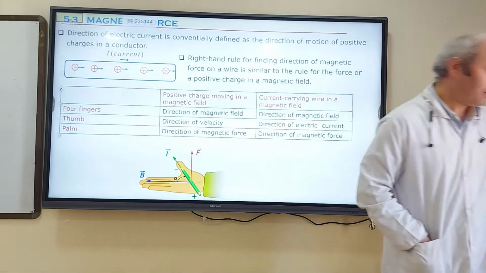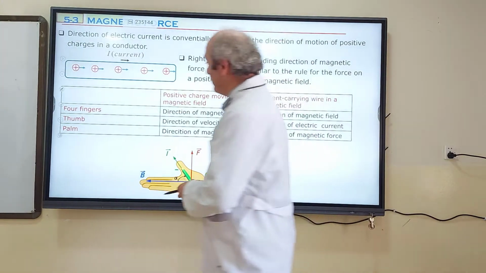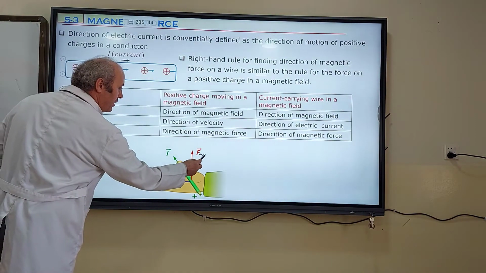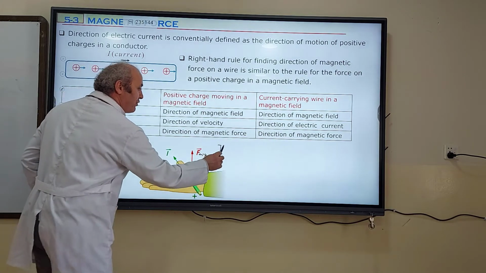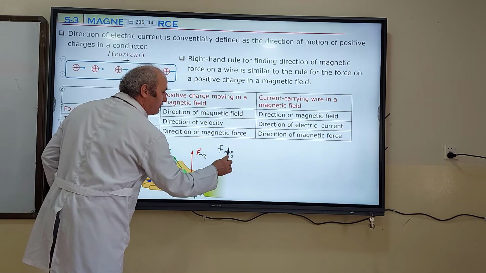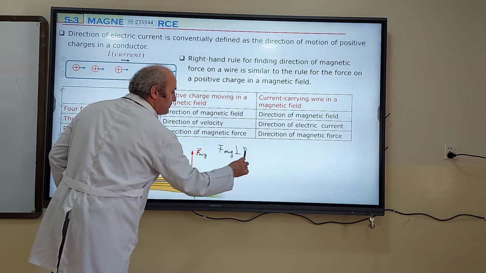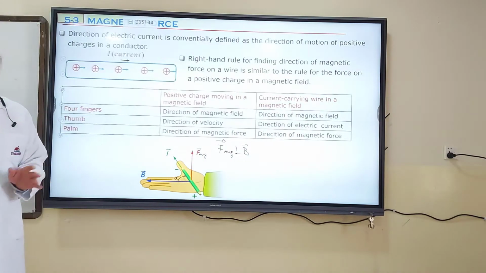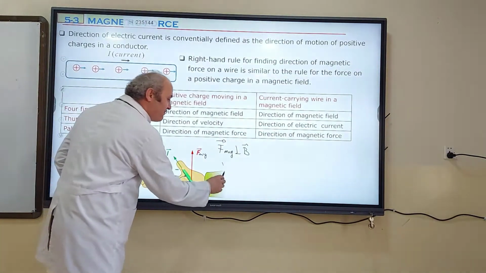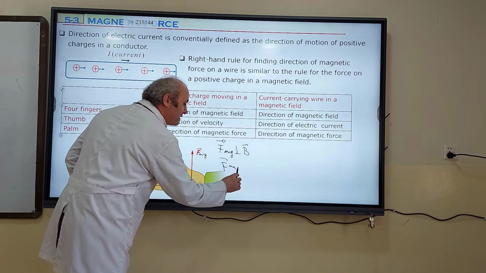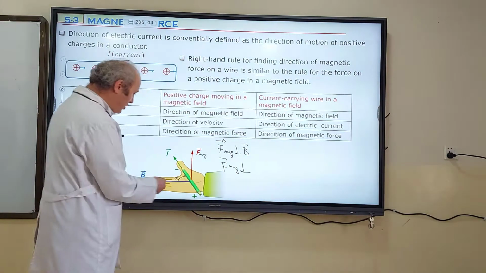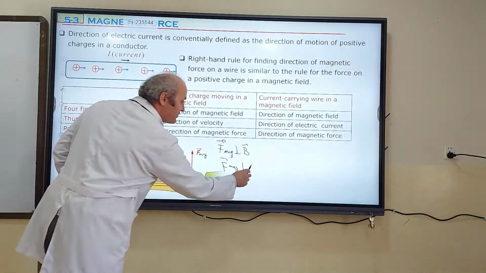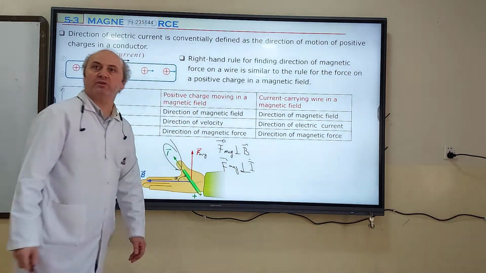And again, maybe you remember in the previous title, this magnetic force is always perpendicular to magnetic field. Magnetic force, always perpendicular. Again. In the previous title, magnetic force was perpendicular to velocity, but velocity changed to I. So magnetic force is always perpendicular to electric current.